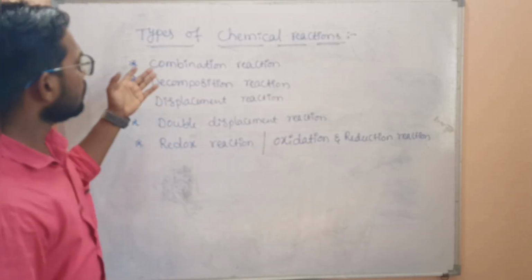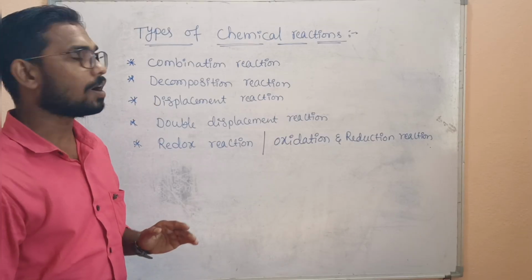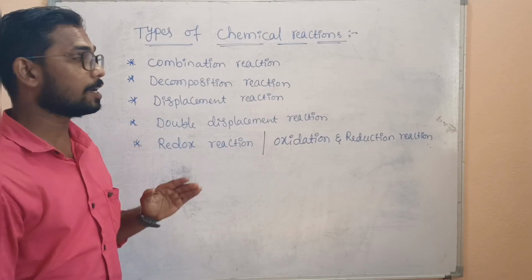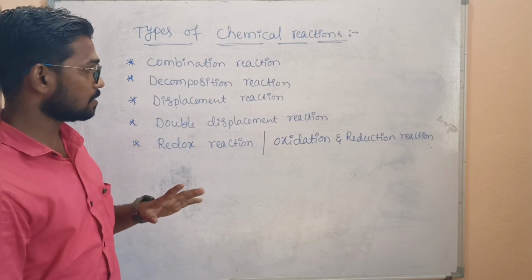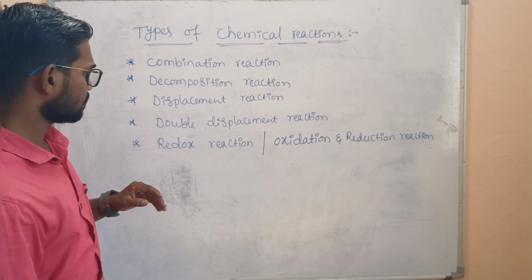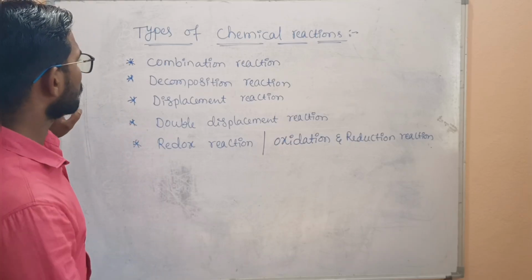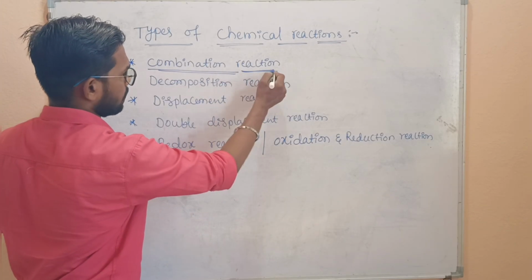In this class we are going to study the reactions one by one, their examples, and what is meant by a combination reaction and its definition. These will all be included in today's class. So here we'll go first for the combination reaction.